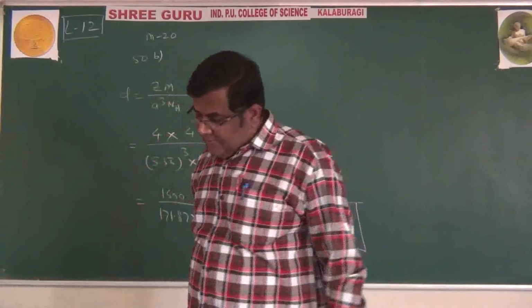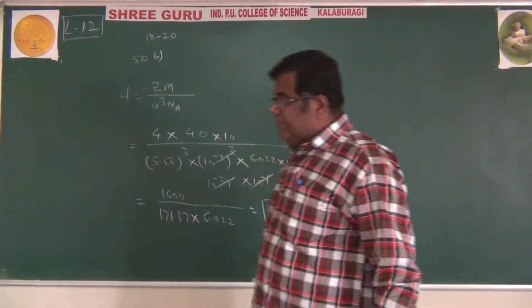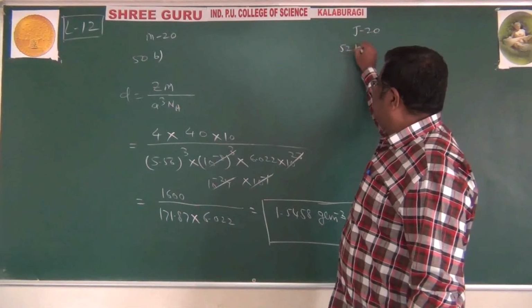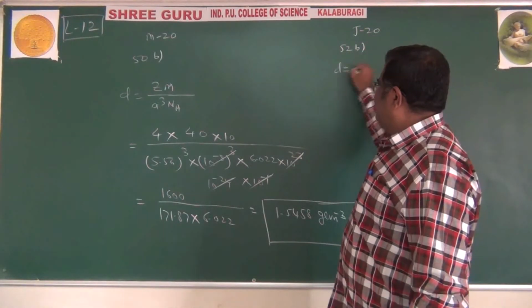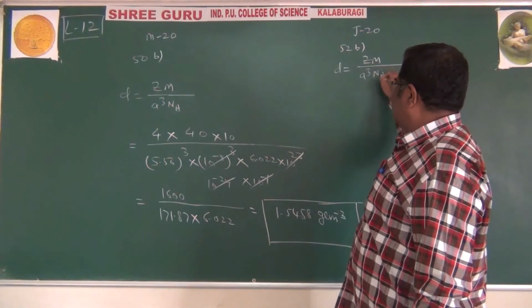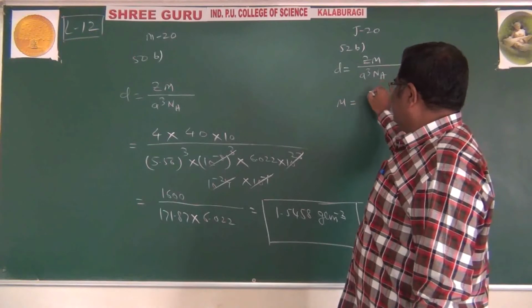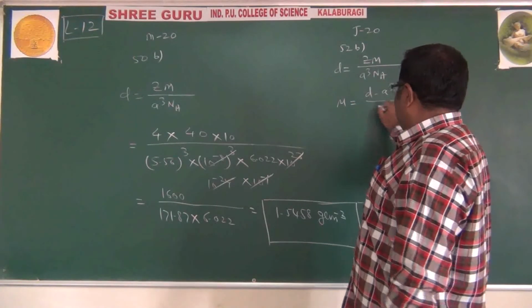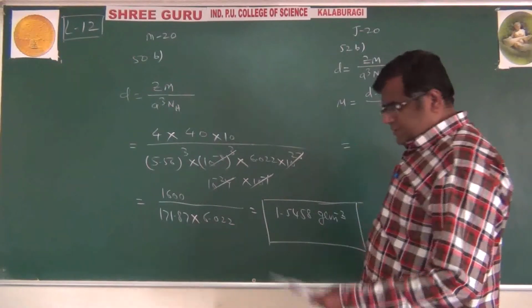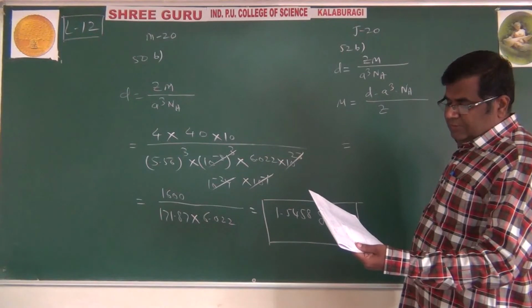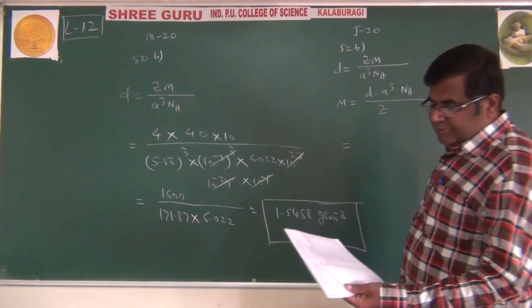So this is question number 52B, June 20. D is equal to ZM by A cube N A. We have to calculate M, D A cube N A by Z. Density is already given in that question, isn't it?